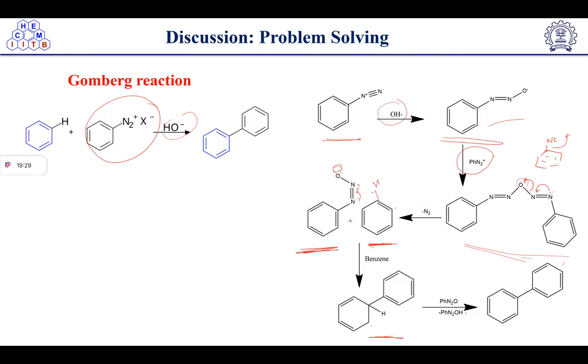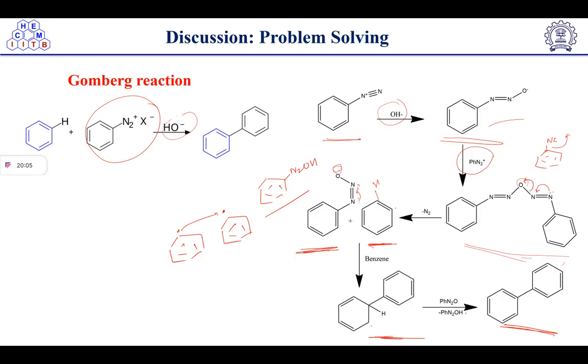This radical will trap the H radical and form the benzene radical. Benzene radical. Okay, from here, and it will become N2OH. Got it? This one after taking the H radical. Now these two radicals will form a bond to give the corresponding product. Okay. So this name reaction is known as the Gomberg reaction.